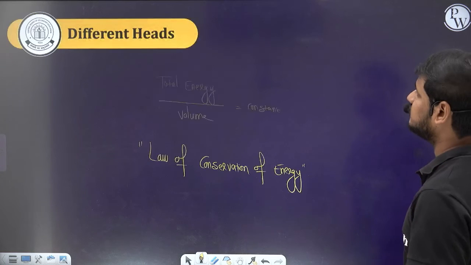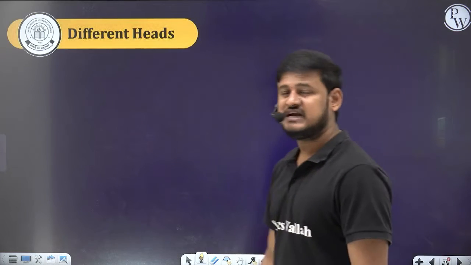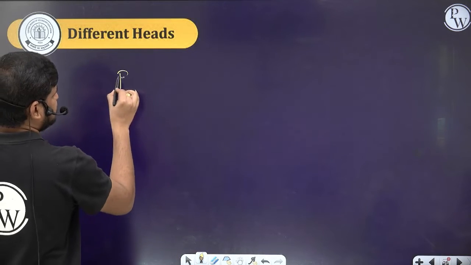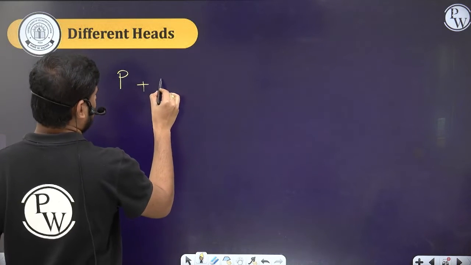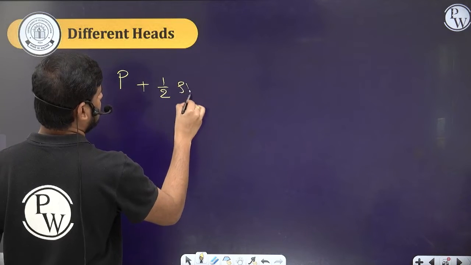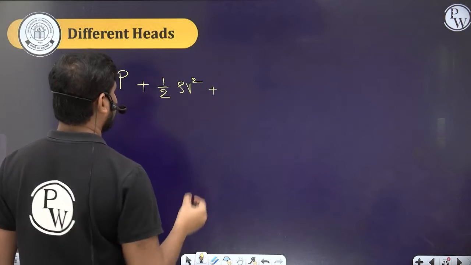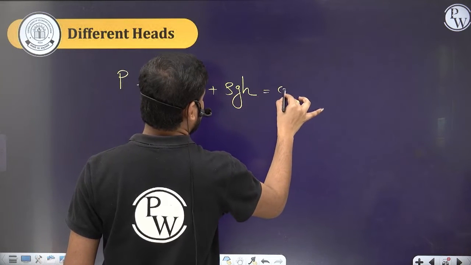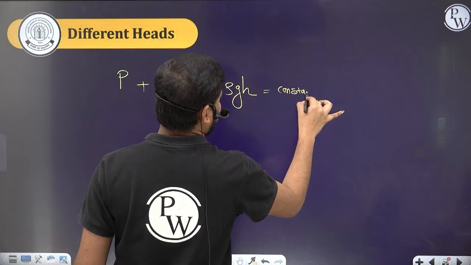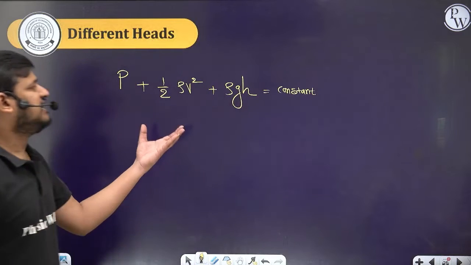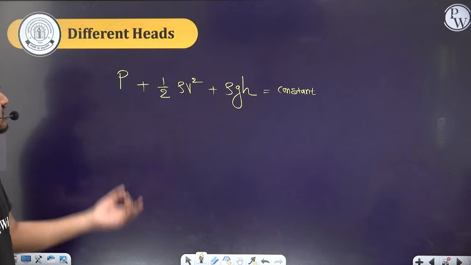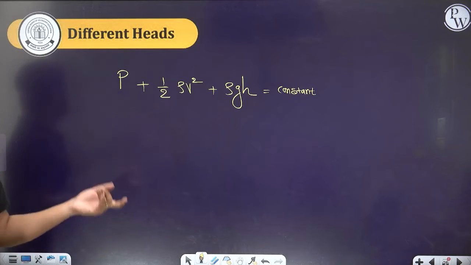Now let's move further. So now we have different heads. In this formula, if you observe, we have pressure plus half rho v square plus rho g h, which is going to be constant, right? Now if I divide everything by rho g, sorry, my bad, not g h, by rho g, then we get the different heads.